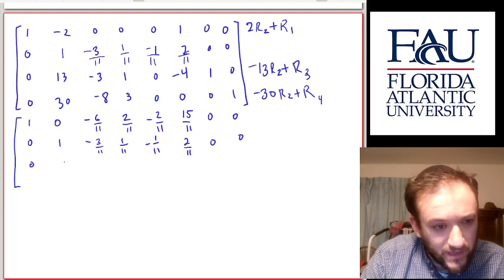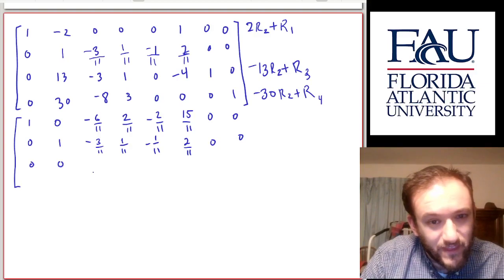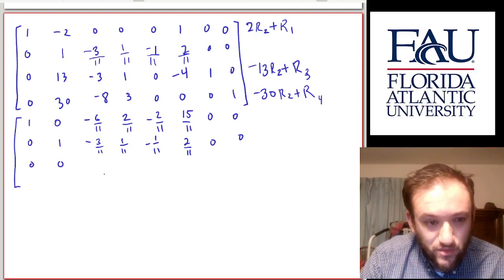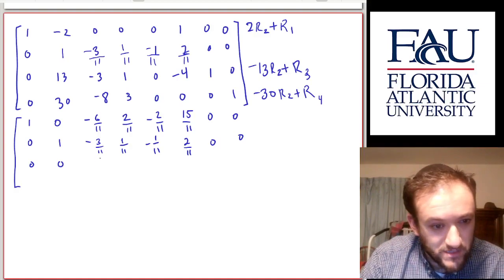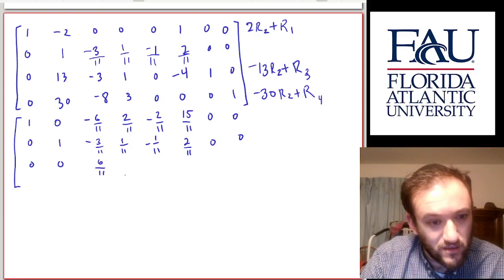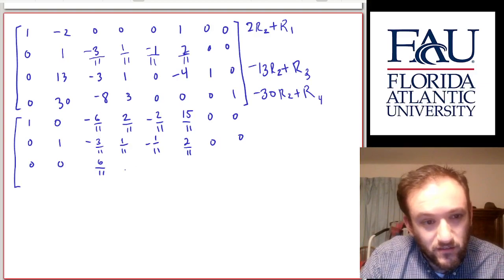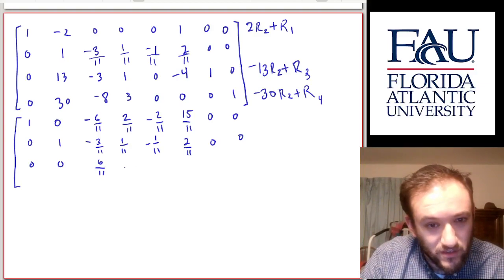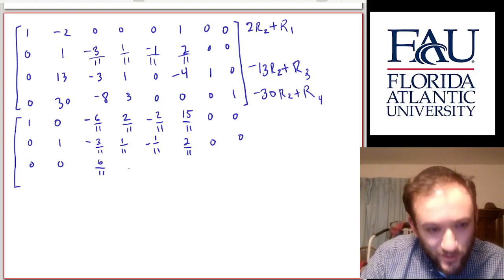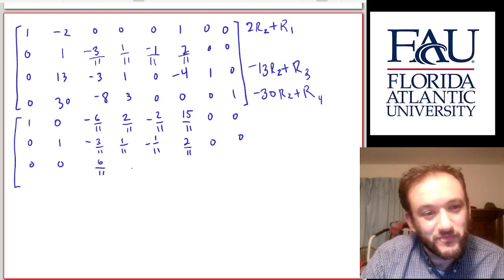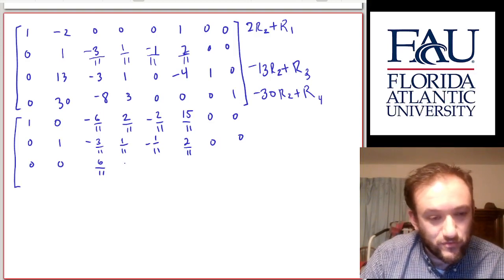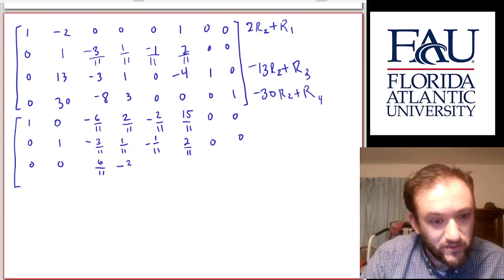And then in this row we get 0 and 0, and then we have 39 over 11 minus 3, which is 33 over 11, so this is 6 over 11, and positive 13 over 11, minus 13 over 11 plus 11 over 11 gives us minus 2 over 11.